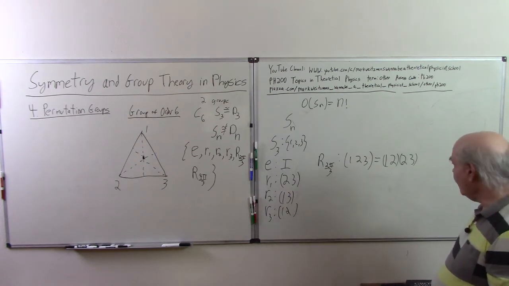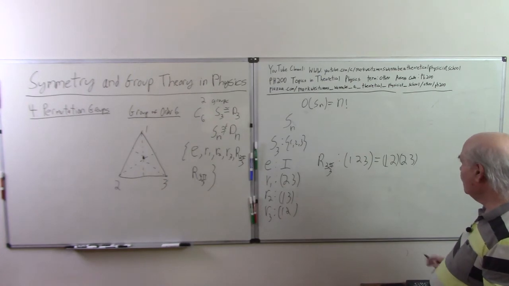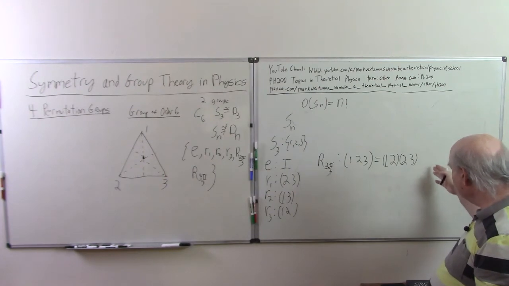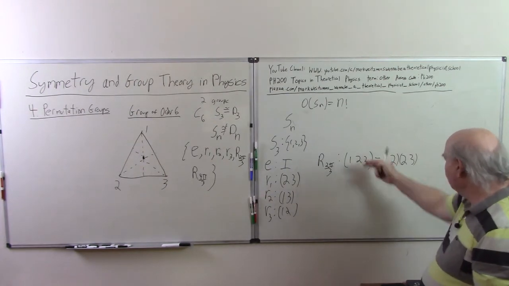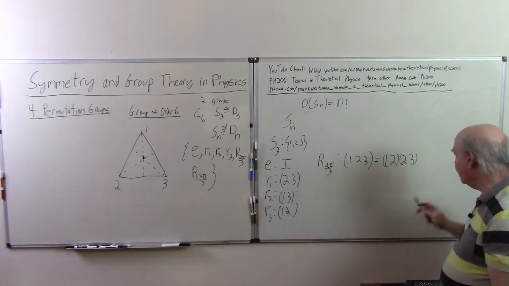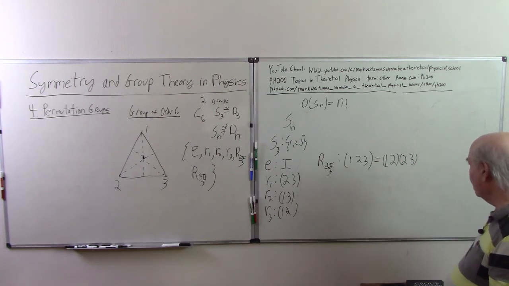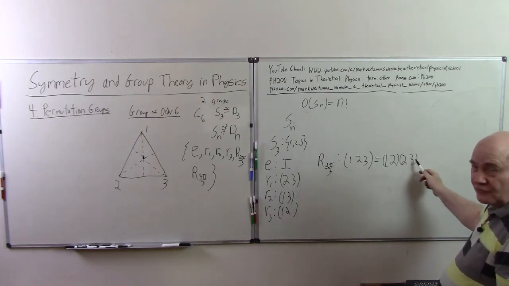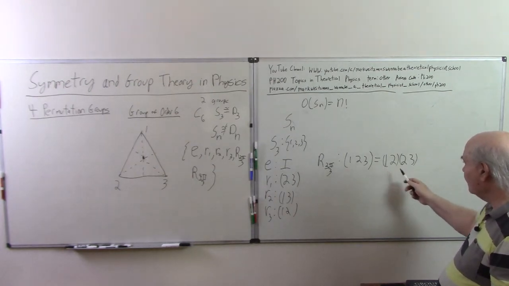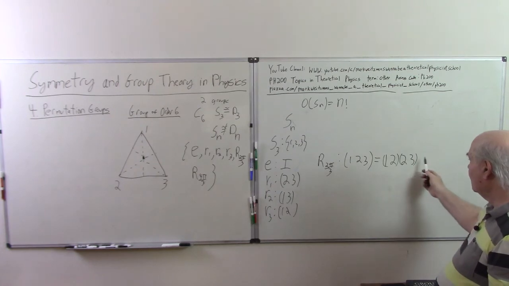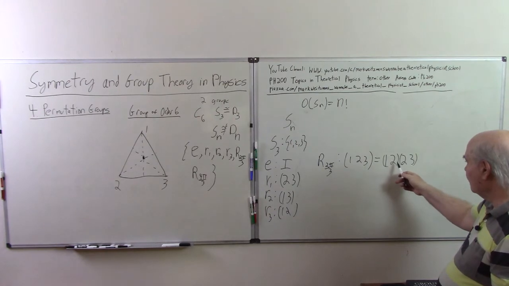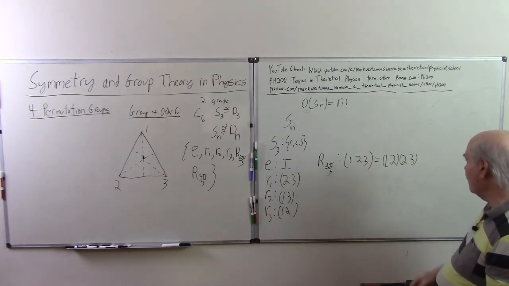Let's see how this works. When you want to see how a permutation acts, remember we give it an integer going in, and it goes this way. Just like in all of mathematics, functions operate to their right. So this one operates first, and then this one. 1 is unaffected by this transposition, but then it hits this cycle, so 1 goes to 2, which is what we have here. 2 goes to 3 under this cycle, and 3 is unaffected by this transposition, so 2 ends up going to 3, which is what we want.